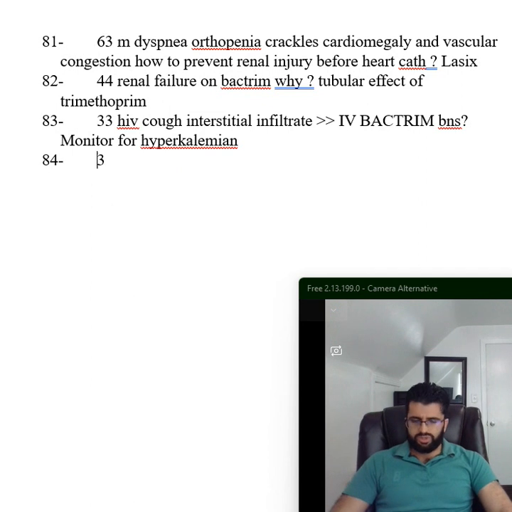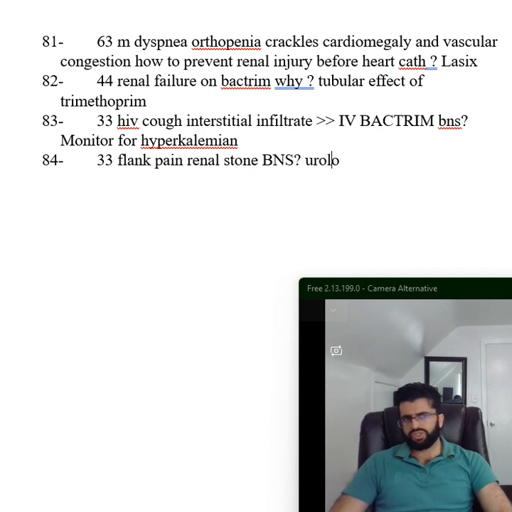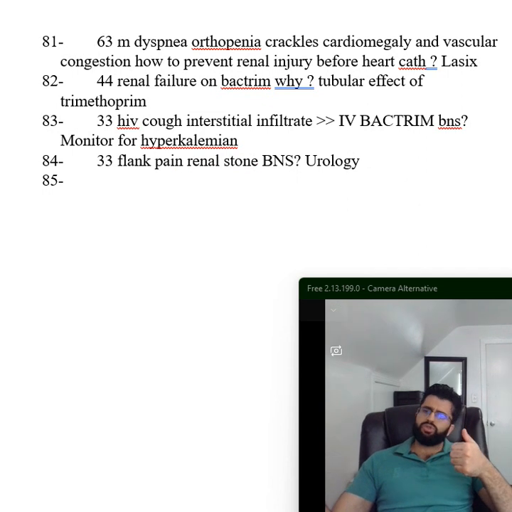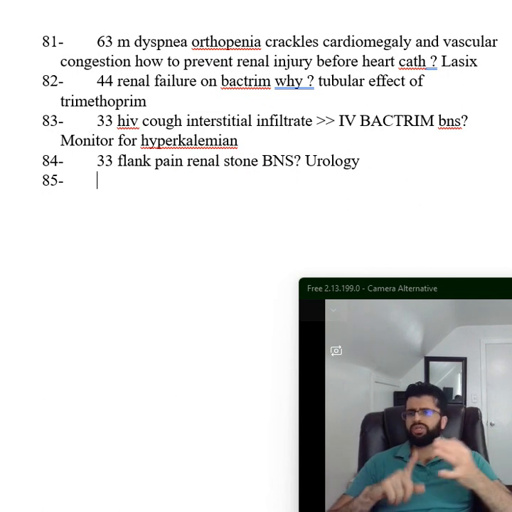Now this is another case. You see a 33-year-old with flank pain, renal stone. Best next step: urology evaluation to remove the stone. Why? Because there is a symptomatic ureteral stone. If there is urosepsis, acute renal failure, or complete obstruction, urology evaluation immediately. If there is none of that, it's based on the size.